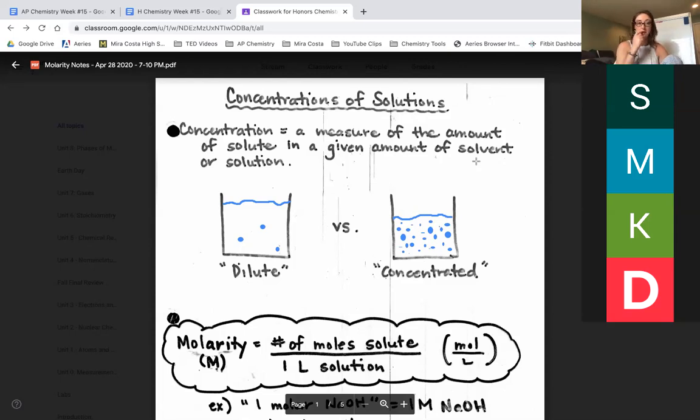So water can dissolve anything that's polar like itself, or it can dissolve any ionic soluble substance. And you guys already memorized your solubility rules, so you know what kind of ionic substances will dissolve in water. Okay, so there's dilute versus concentrated.